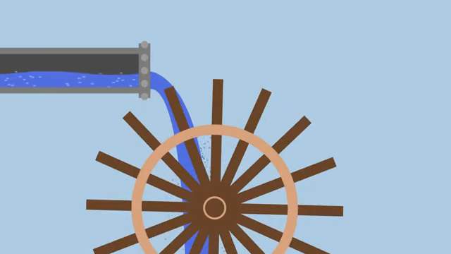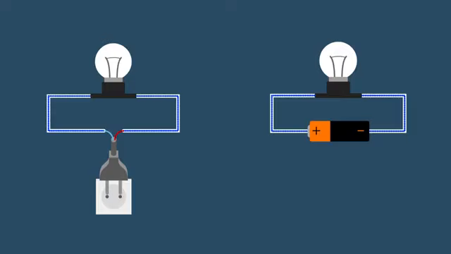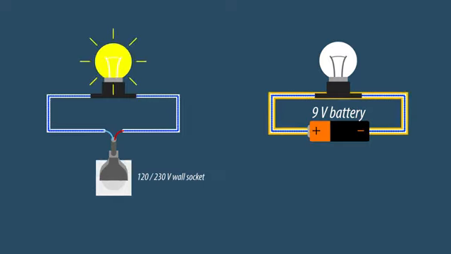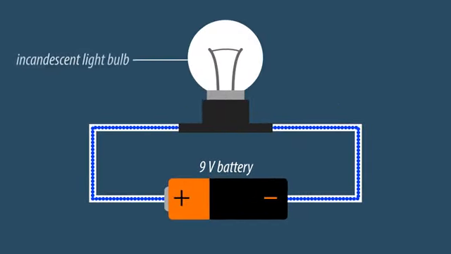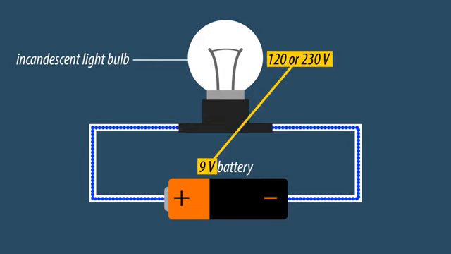With electricity and its flow of electrons, this makes for a good enough metaphor. A 9-volt battery will not be able to put enough pressure on the electrical circuit, or rather, create a sufficiently strong current to power an old-fashioned light bulb, which requires 120 or 230 volts, depending on where you live.